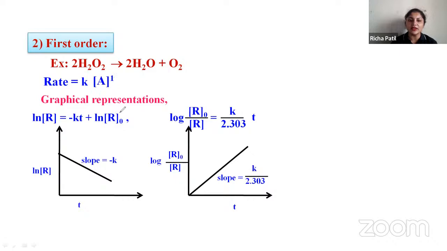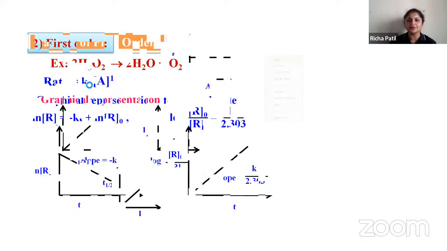For the graphical representation, ln of R equals minus kt plus ln of R naught, and this is the graph for that equation. Taking log of R naught by R equals k divided by 2.303 times t gives another graph. Remember the two graphs; for the two equations, the graphs are different.